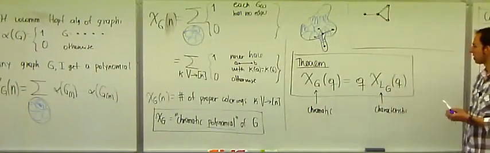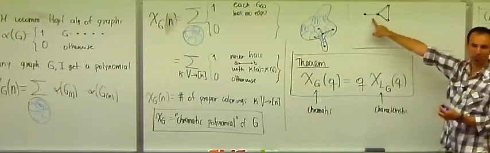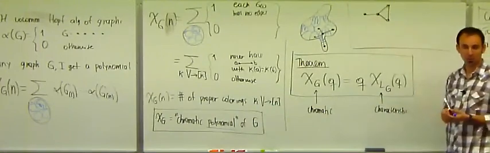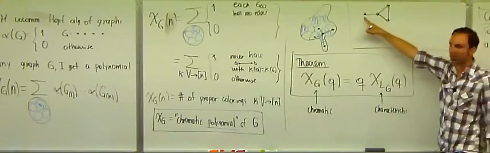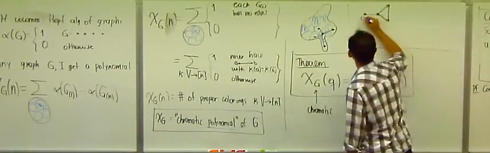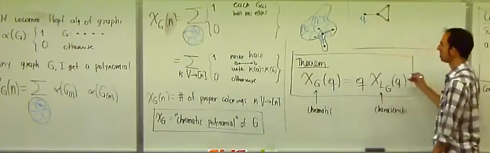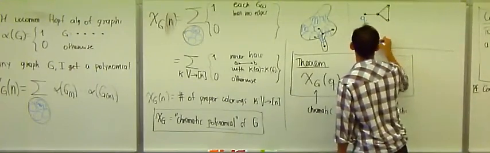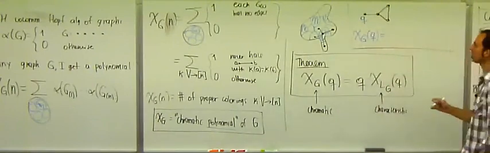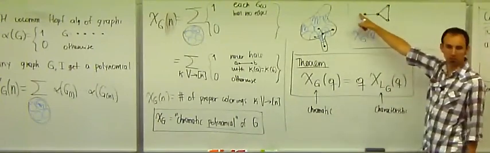Well, let's compute it. How many colorings are there of this graph that are proper? Let's say that you have Q colors. Well, here it doesn't really matter. You can choose any color, so you have Q. I'm computing the chromatic polynomial. So here you choose any color.